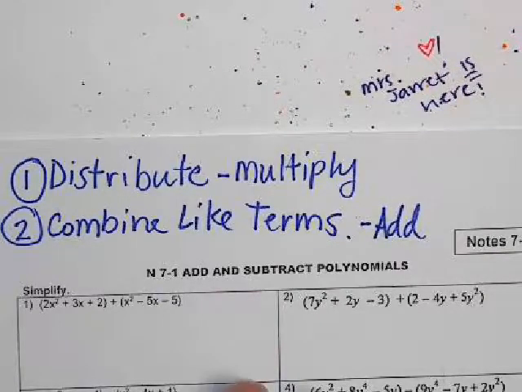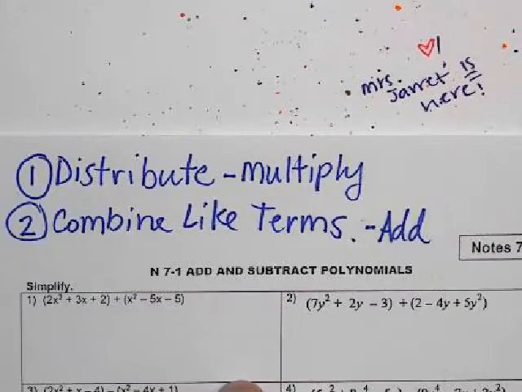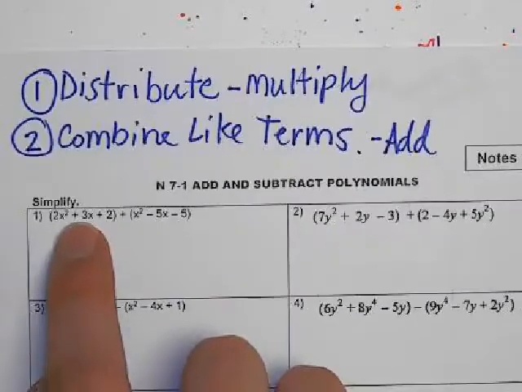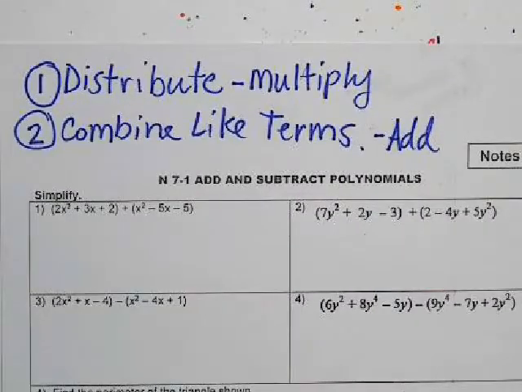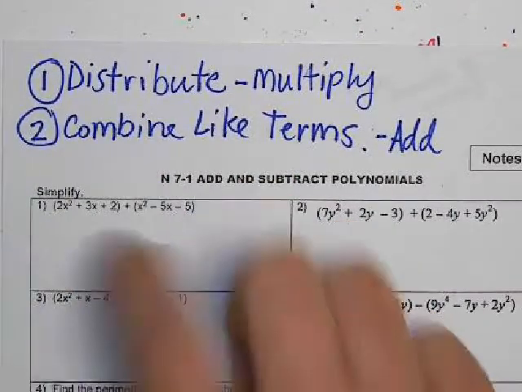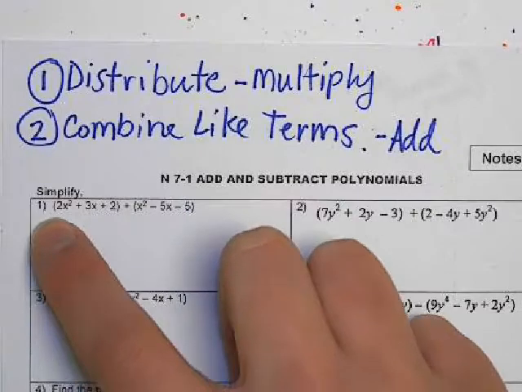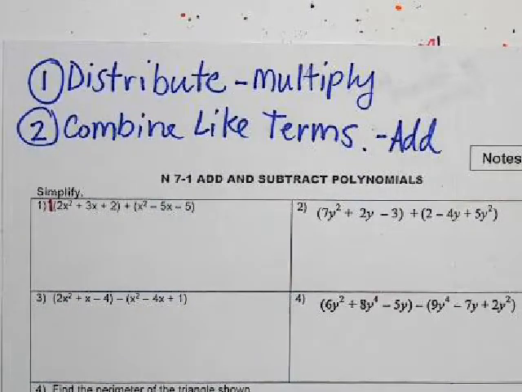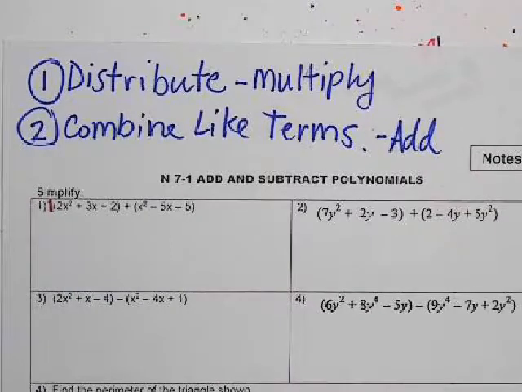Number 1 says simplify. We're adding and subtracting the polynomials, but in order to do that, we have to get rid of our parentheses first. So how do I get rid of parentheses? What's step 1? Distribute. What number is on the outside of this parentheses? A positive 1. Anytime you multiply by positive 1, you get the number you're multiplying, itself.